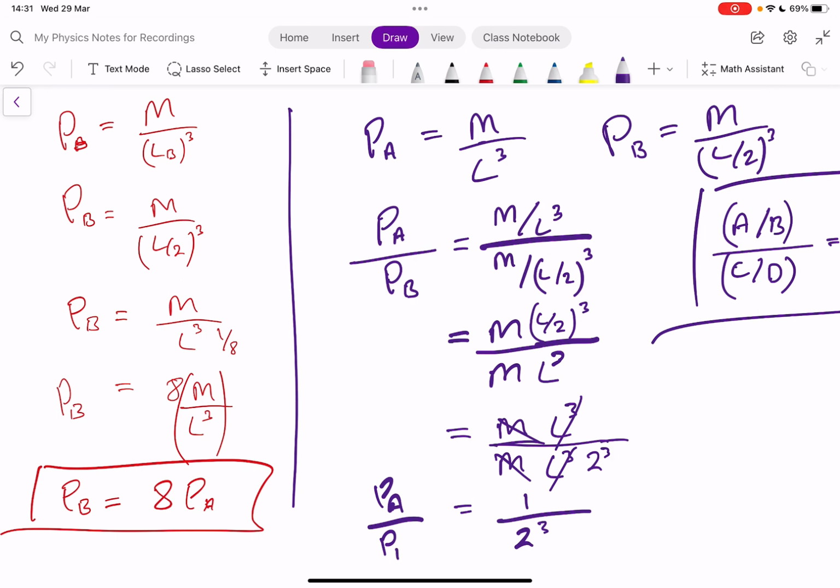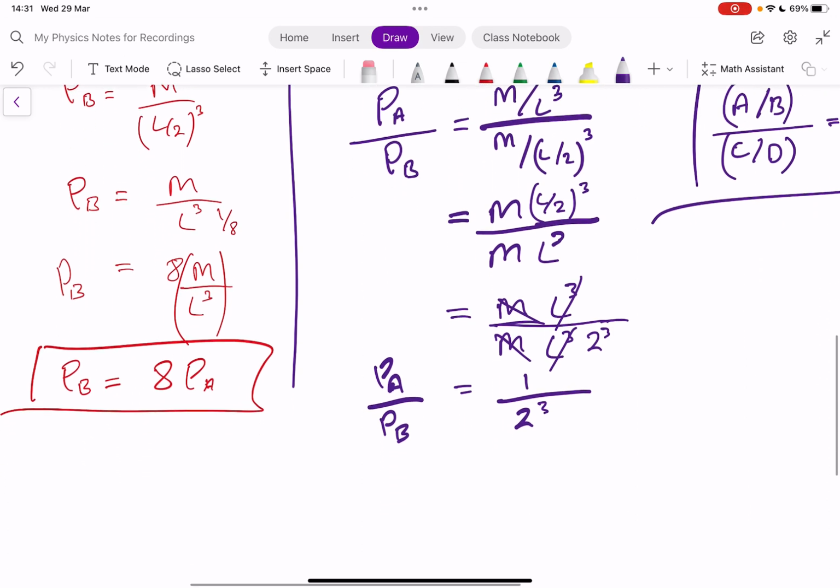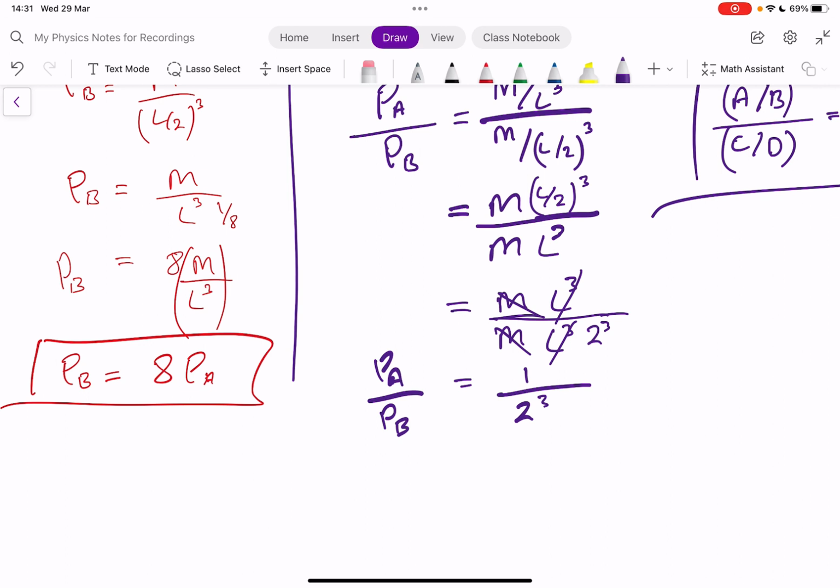And remember that what we've got is the ratio of the density of A to B. So I'm just going to rearrange this now for the density of B, multiplying by the 2 cubed, dividing by rho A, leave the B where it is and just rearrange everything around. 2 cubed is, of course, 8. So the density of B is 8 times the density of A.